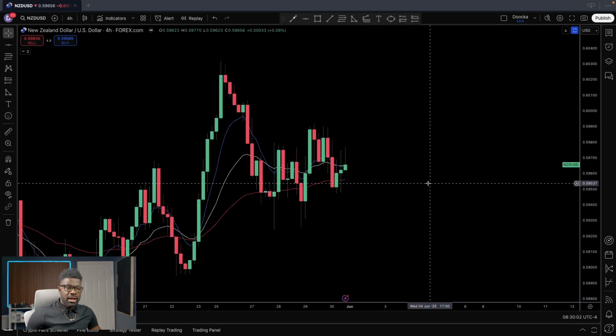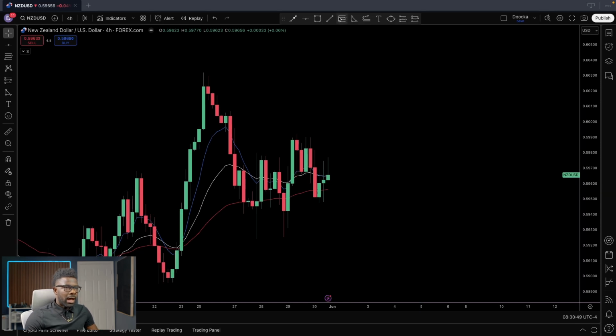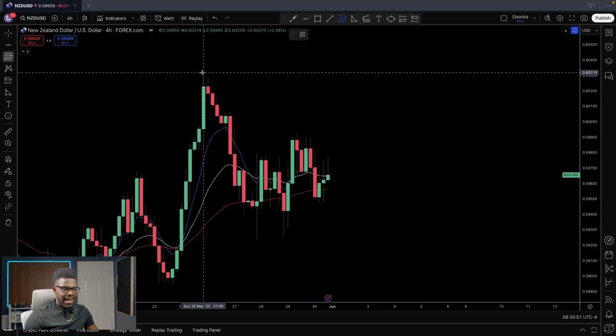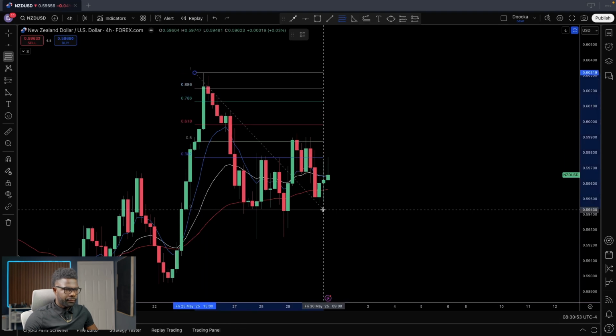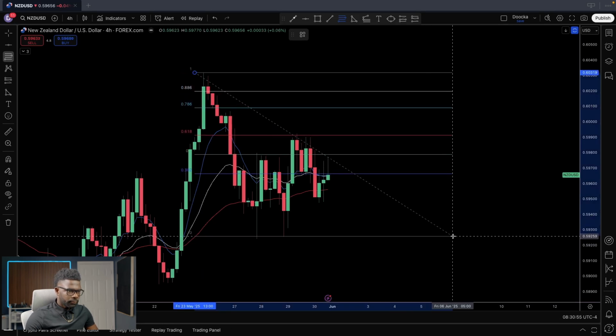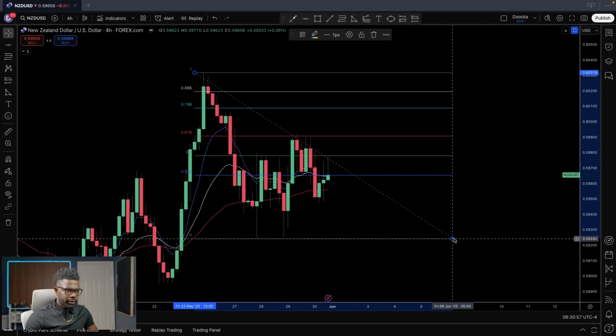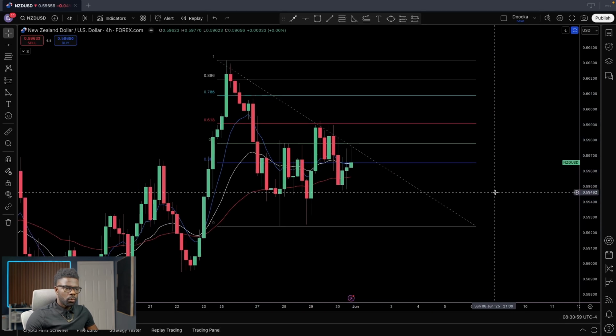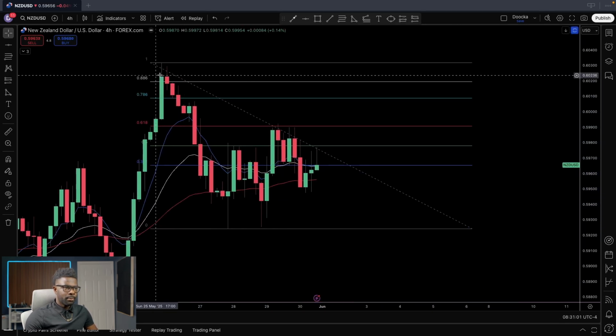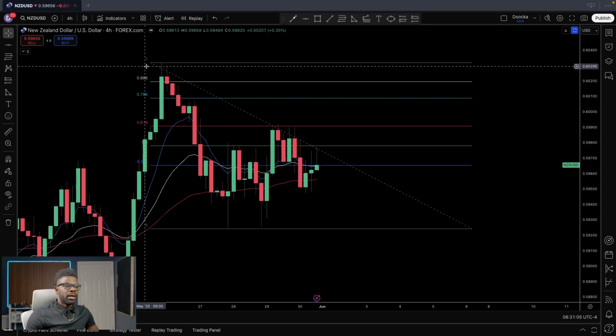Now, the next pair we have on the radar for advanced patterns is the New Zealand dollar. Now, let's try for the anchor leg. From that anchor leg down here, we're going to have 2 different patterns at the same starting point.